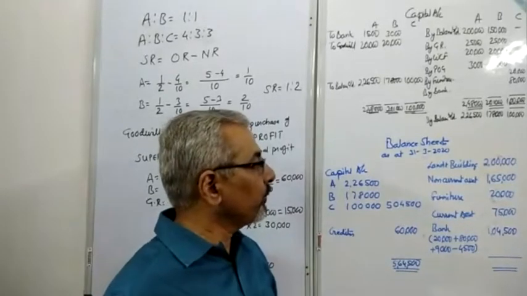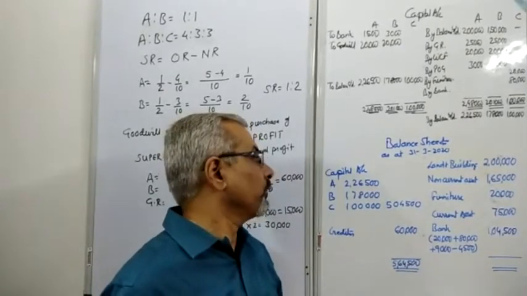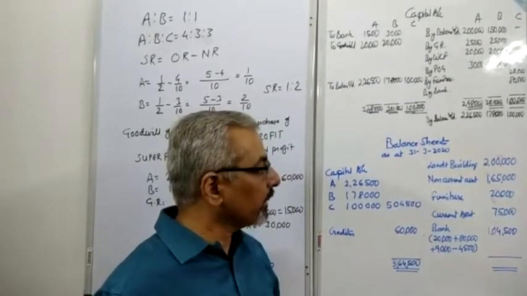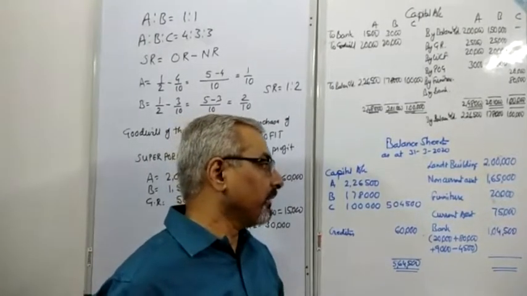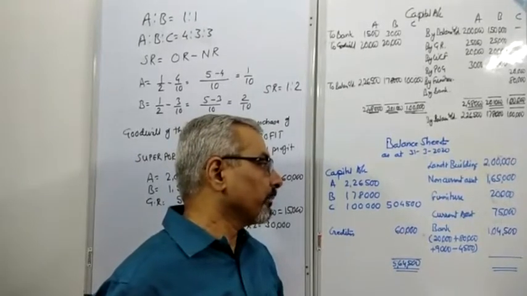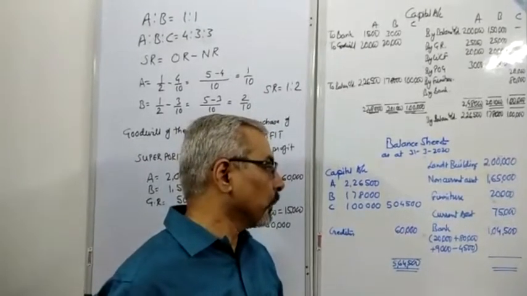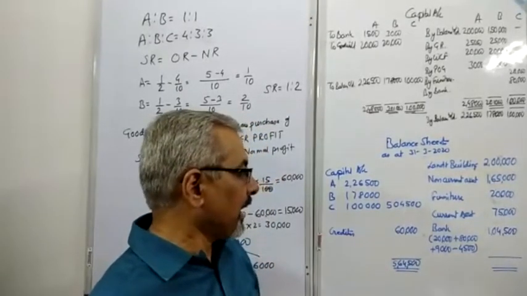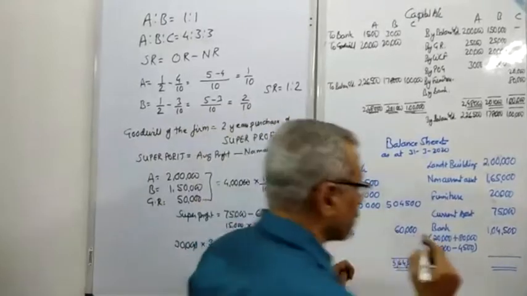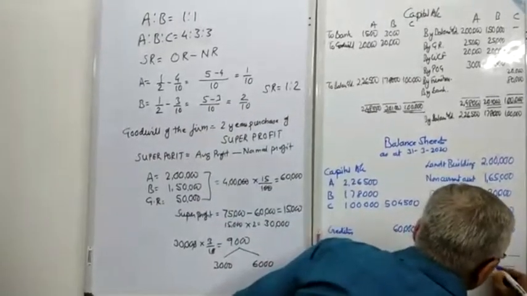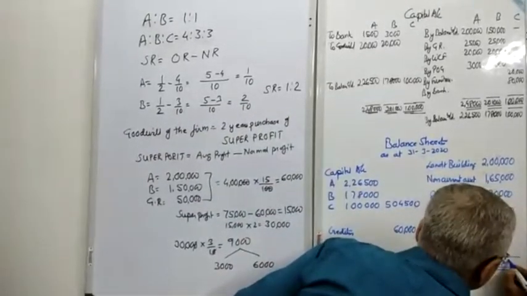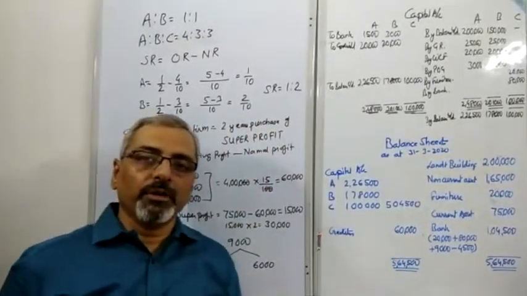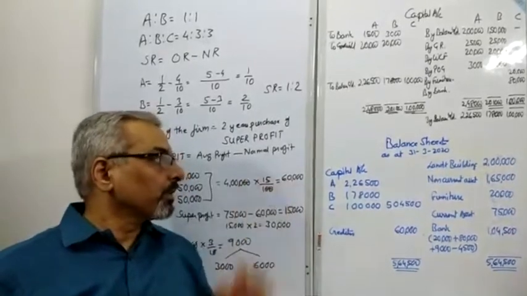You can see very carefully 2 lakh plus 1,65,000, that gives us 3,65,000. 3,65,000 plus 20,000 gives us 3,85,000. 3,85,000 plus 75,000 gives us 4,60,000, and 4,60,000 plus 1,04,500 gives us 5,64,500. So this concludes the sum which was given to us about the preparation of the balance sheet.